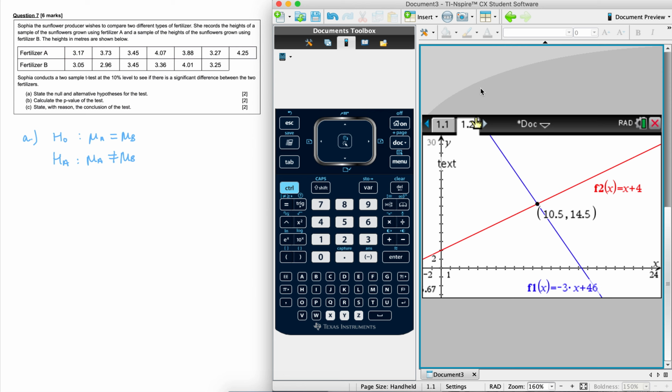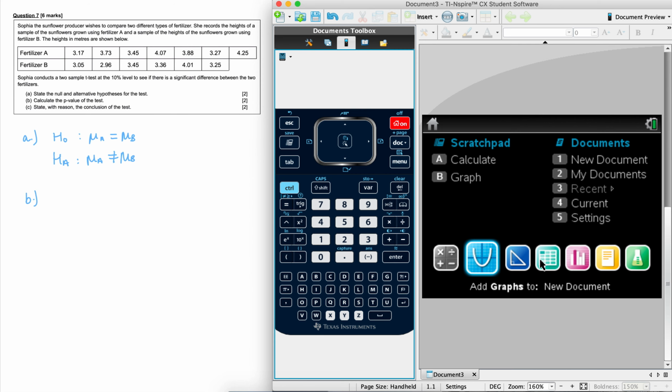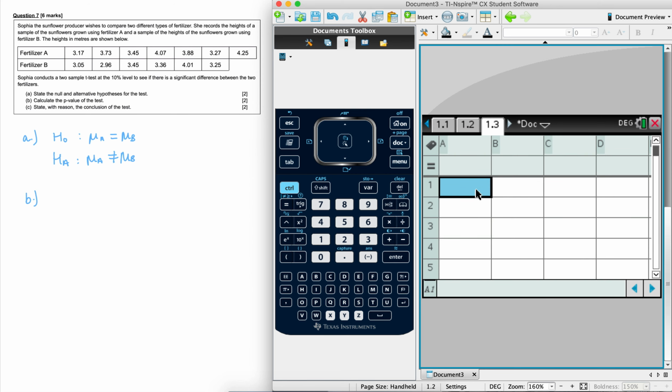And then for part B, I need to calculate the p-value for the test. Okay, so the p-value. So to do this, I'm going to go onto my GDC and I need to put the information in. Okay, so I've got fertilizer A and fertilizer B. So fertilizer A, I'm just going to put all this information into the table.